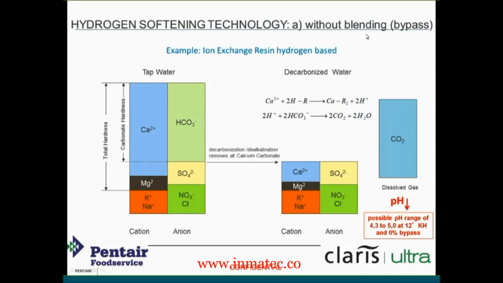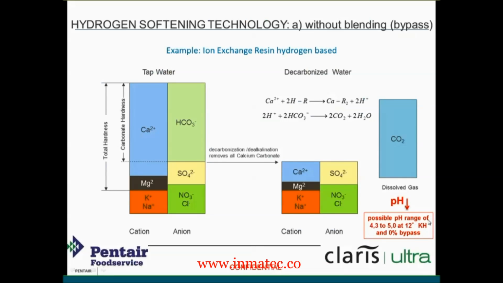Hydrogen softening technology without a blending bypass. So you would get all of that removed, but you'll get a significant pH drop because of this acid and its interaction with chloride in the water, which keeps it from gassing off and being converted to H2O.